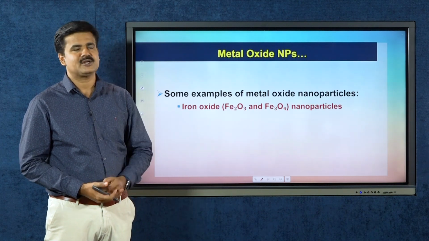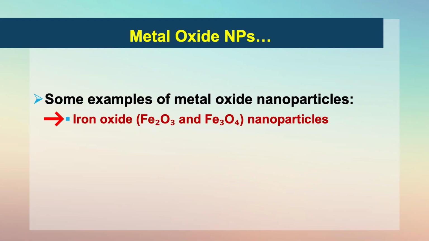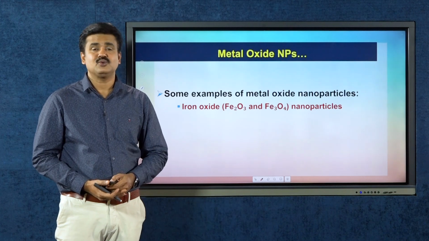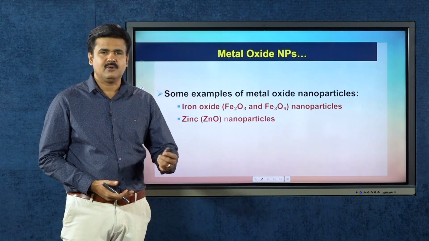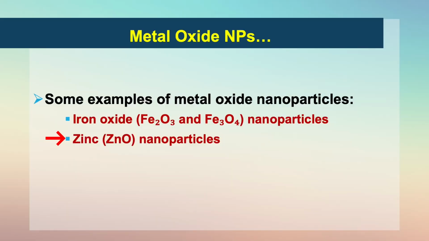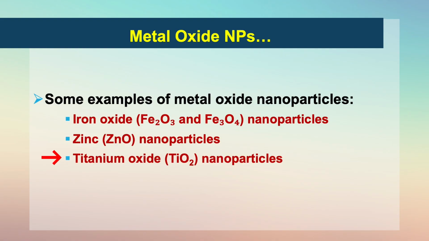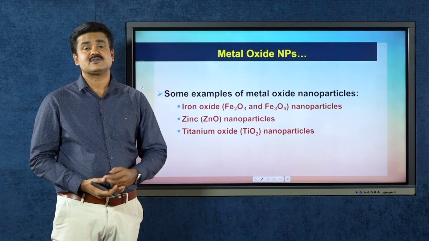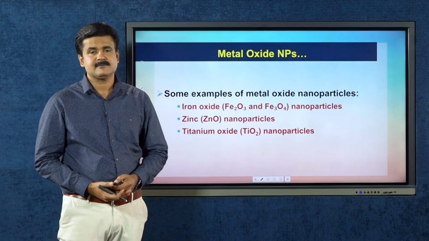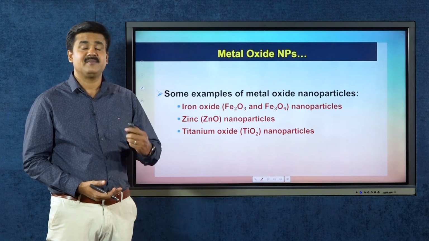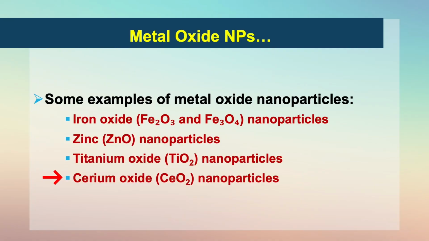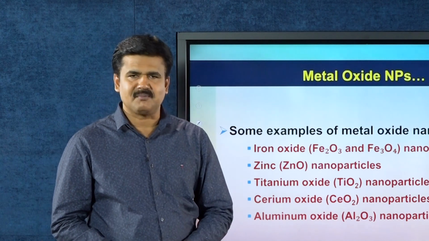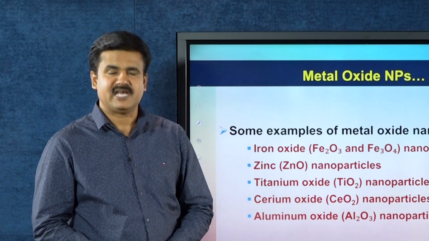The examples include iron oxide nanoparticles, which may be Fe2O3 or Fe3O4 in composition, zinc oxide nanoparticle, abbreviated as ZnO, and titanium oxide or TiO2 nanoparticle, otherwise known as titania nanoparticles. They are stable metal oxide nanoparticles. Cerium oxide nanoparticles, etc. are also good examples.